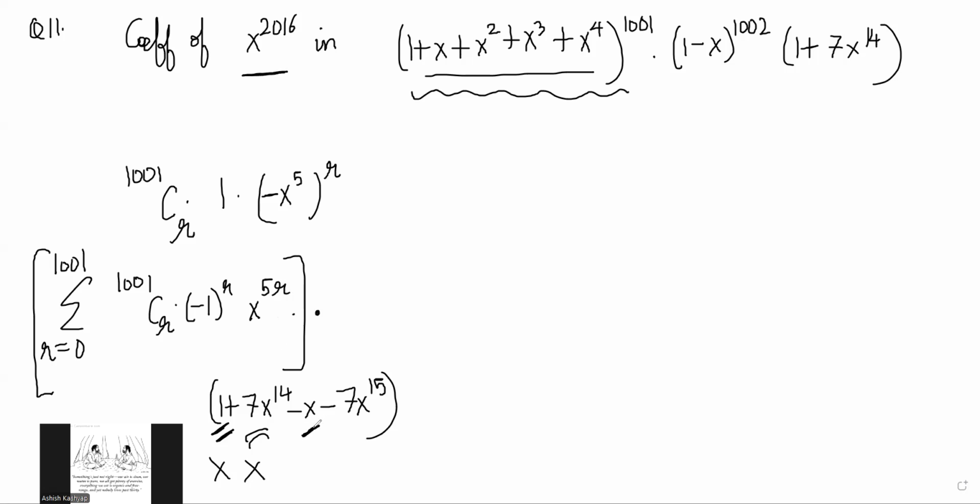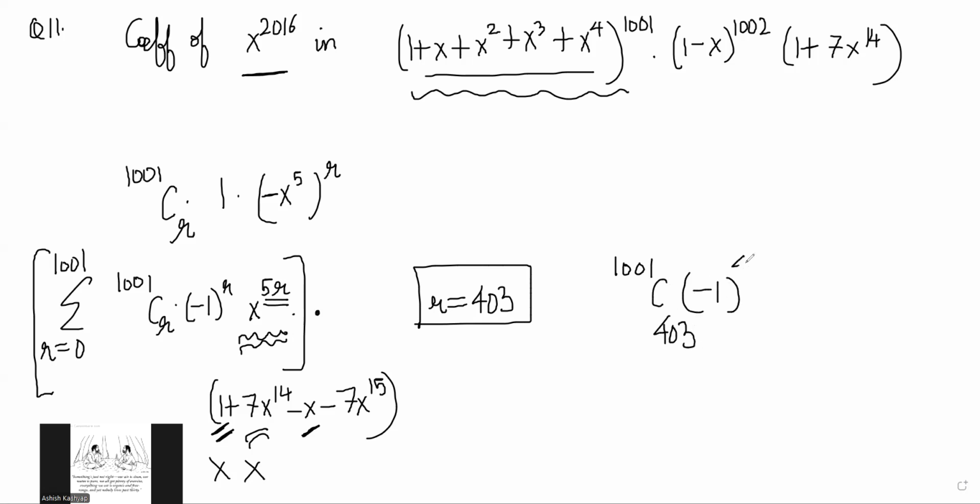Now minus x is here. That means 2015 is possible here. So r will be 403. If r is 403, you'll get 2015 here. So you'll get 1001 C 403 times (−1) to the power 403, and the whole thing is multiplied by minus 1, from the x to the power 2015 from here. So minus 1 to the power 404, and you're getting 1001 C 403.